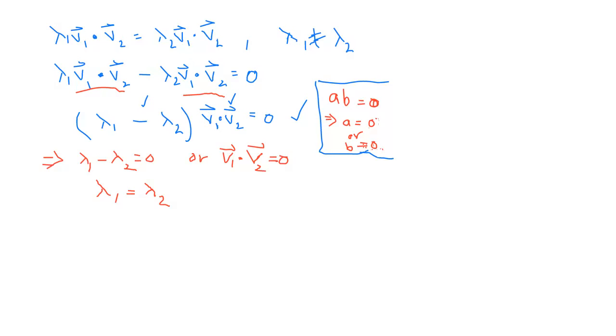Oh, but this can't happen. I can't have lambda 1 equal to lambda 2. That's not a possibility. Why? Why can't lambda 1 equal lambda 2?